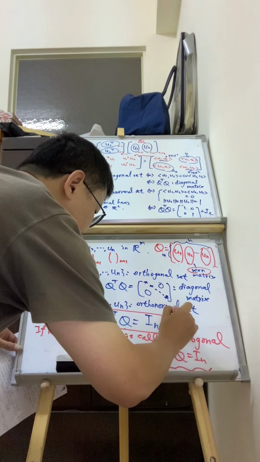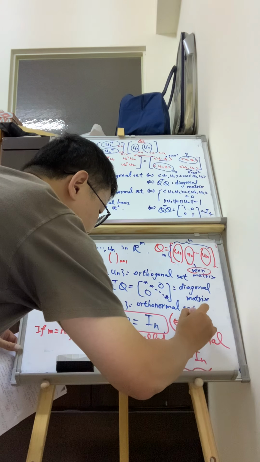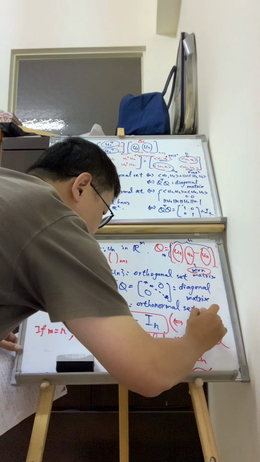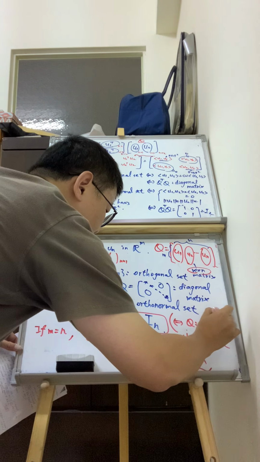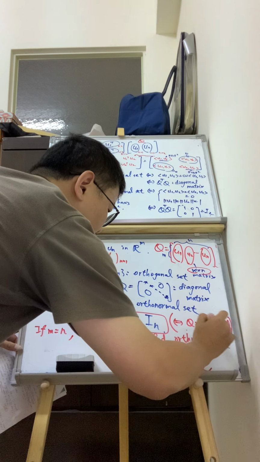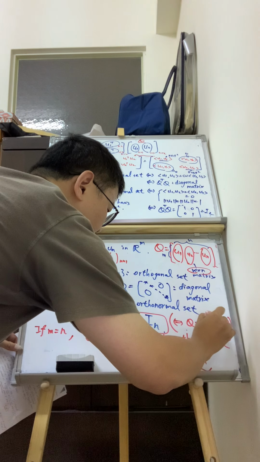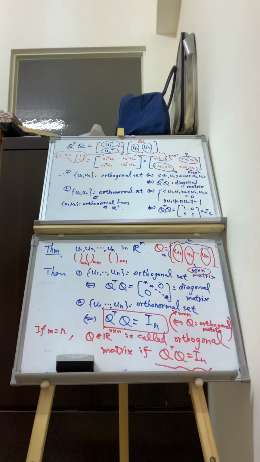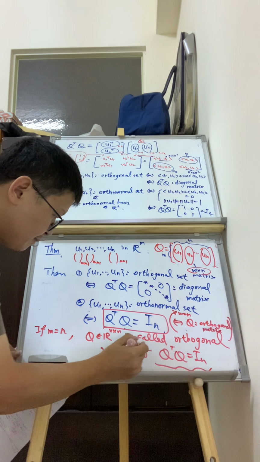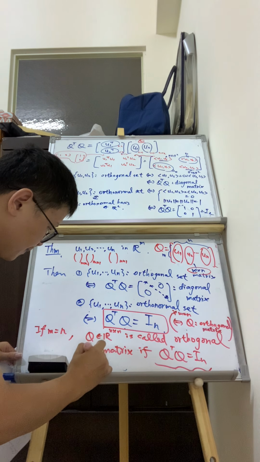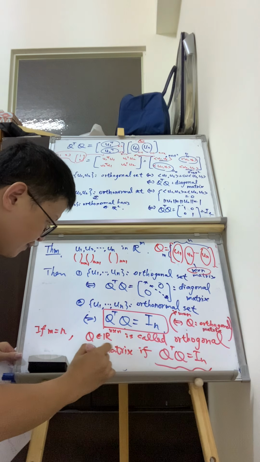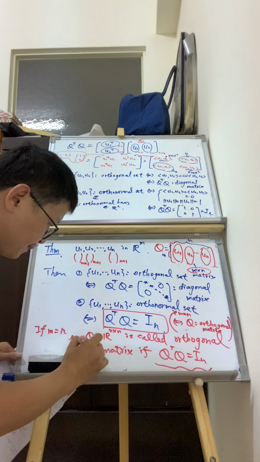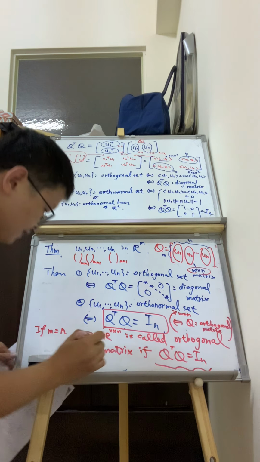So in other words, in this case, Q is called an orthogonal matrix if m equals n. Here is the definition.